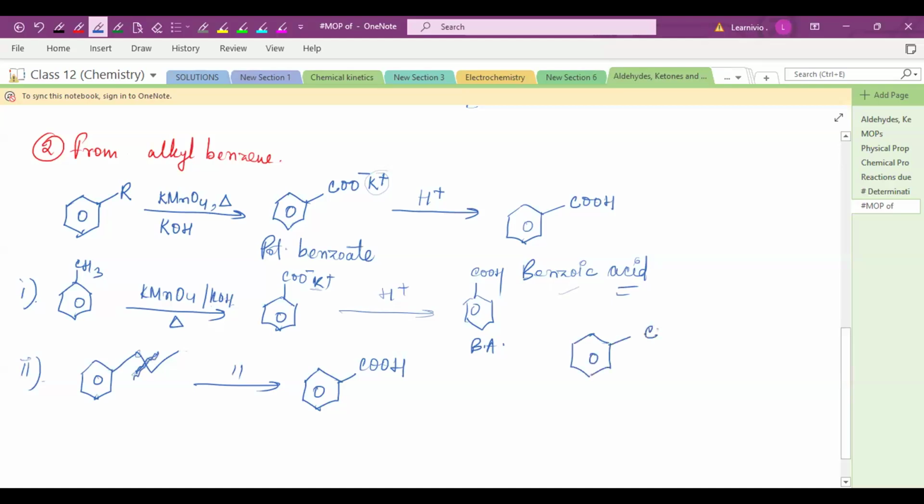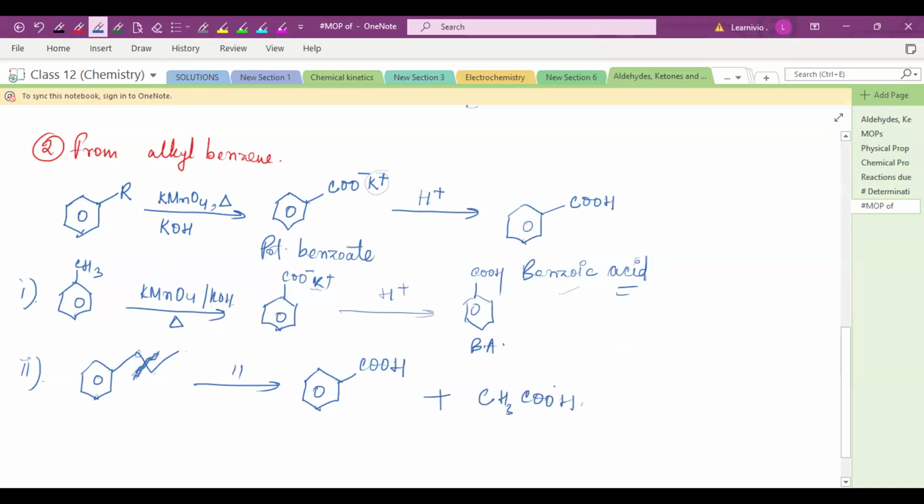This benzylic carbon, see this benzene ring, and here is a carbon group. This benzylic carbon is more reactive, so this bond will cleave over here. यहाँ से ये bond break होगा and it will form the benzoic acid plus this two carbon part, which will again oxidize to CH3COOH. This will be formed in this case.